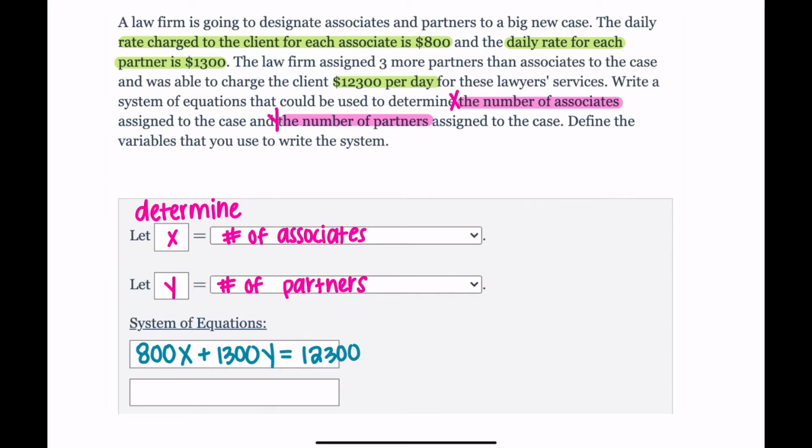Then we see the law firm assigned 3 more partners than associates. So the number of partners, Y, is 3 more than the number of associates. So the number of associates, X, plus 3. So those are our 2 equations for this problem.